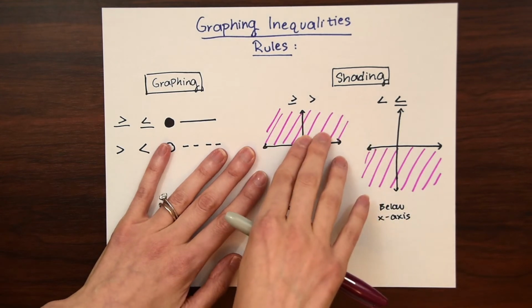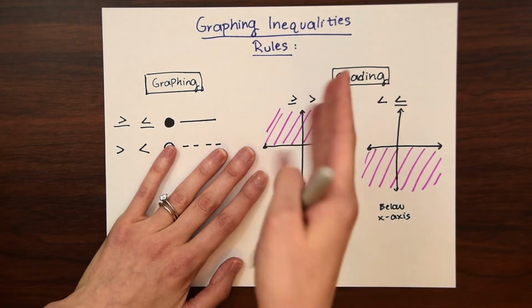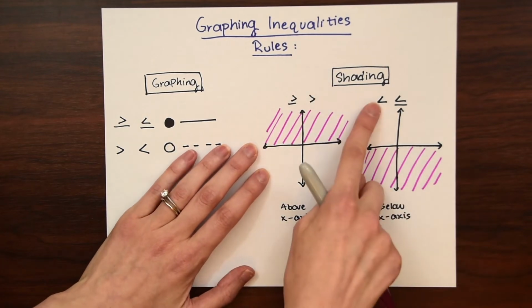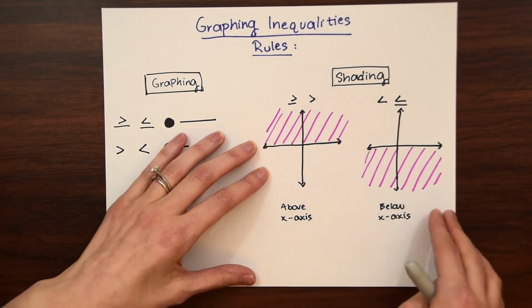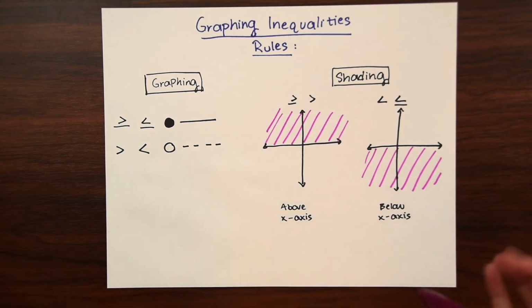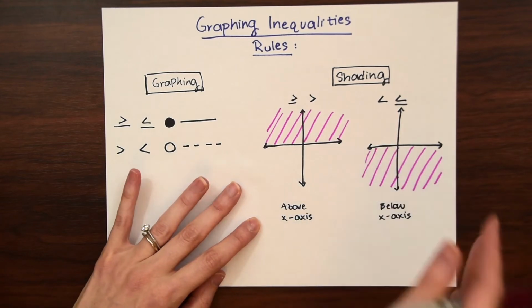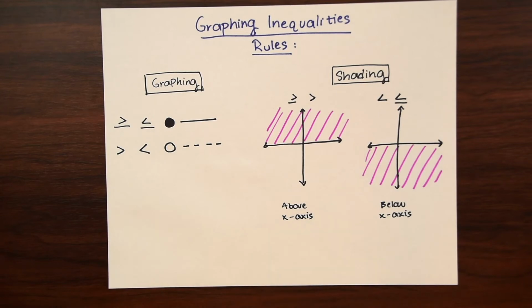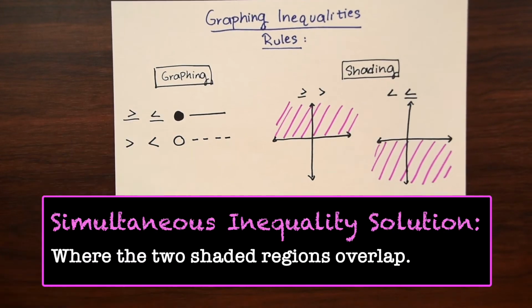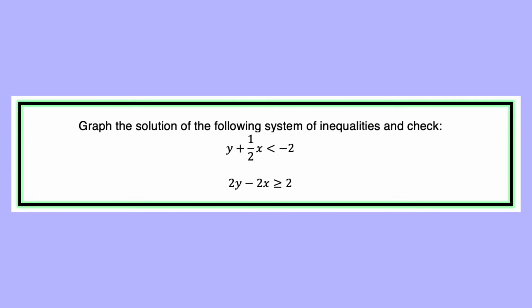So greater than, we want positive y values, positive numbers. And for less than and less than or equal to, the shading is always going to be below the x-axis for those negative y values. So all these values down here. So that's why we shade in these different directions. The only thing that's different about simultaneous inequalities is that we always want to look for the solution where the two shaded regions overlap. So we're going to look at a question now.